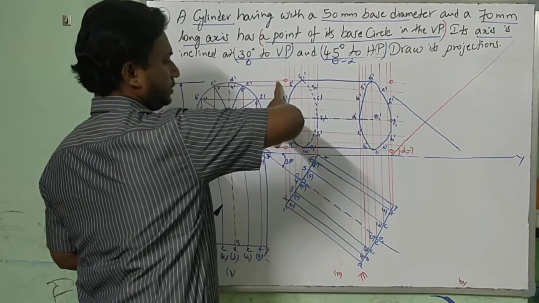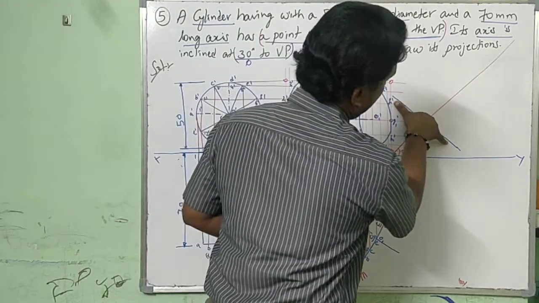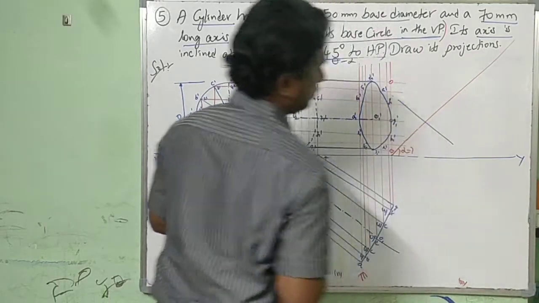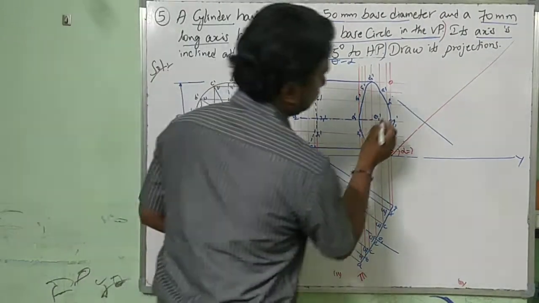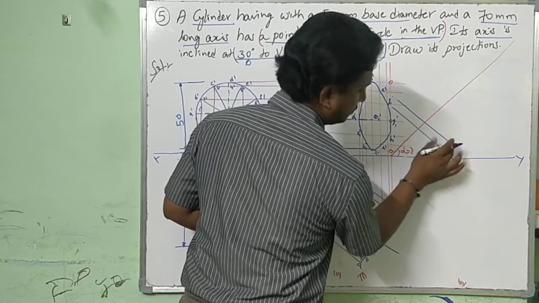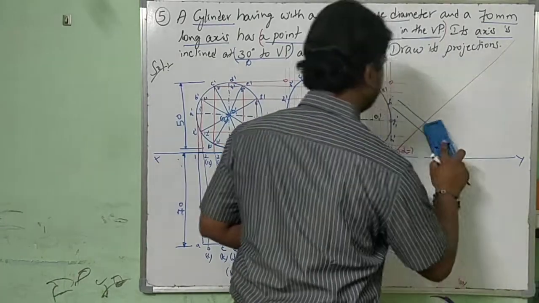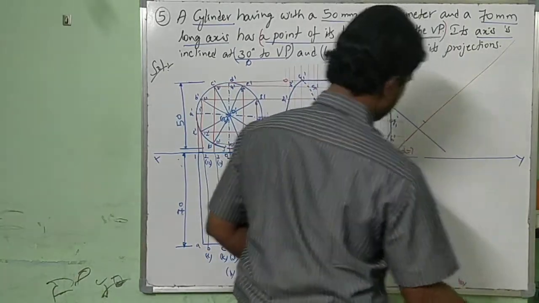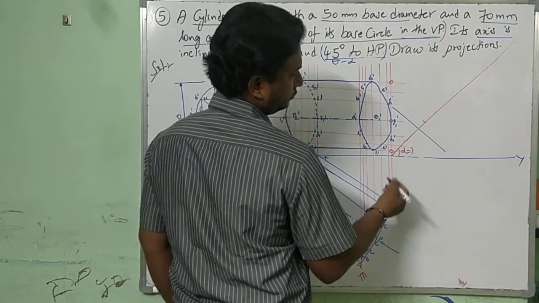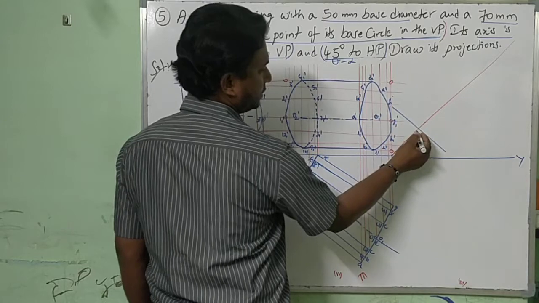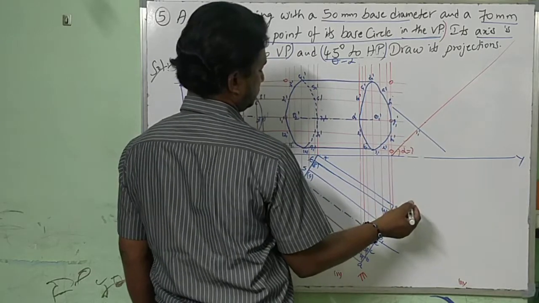This length has to be drawn here. Here actually I have rounded it as 1 dash.